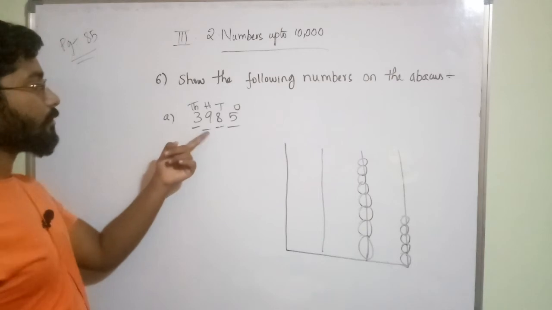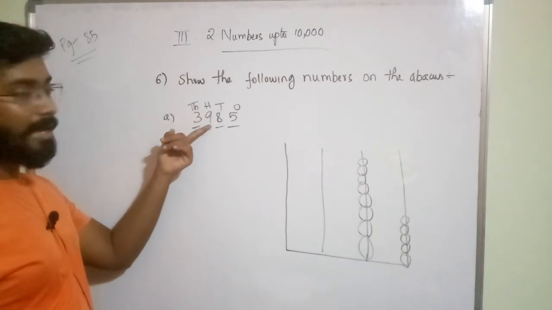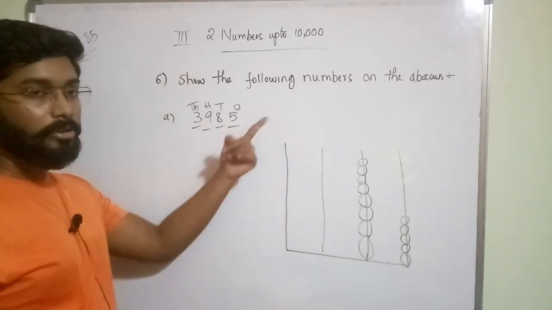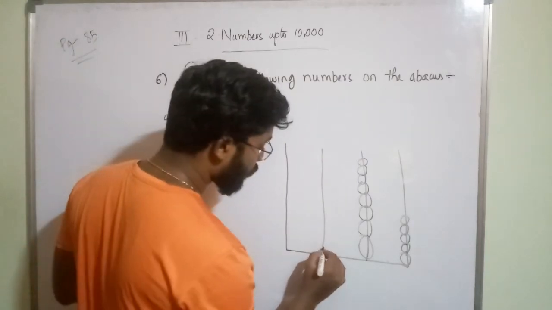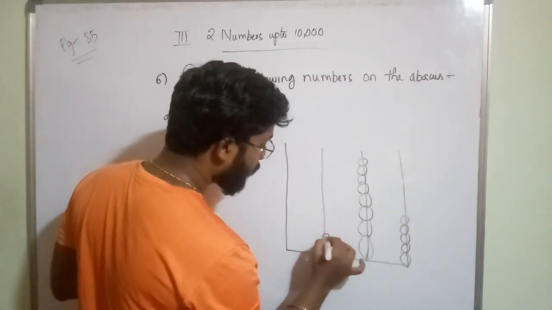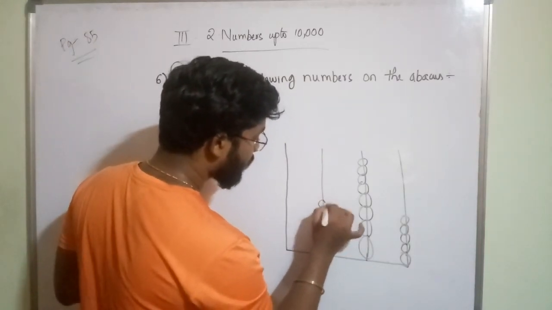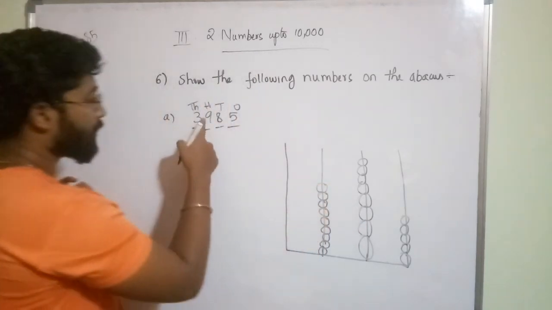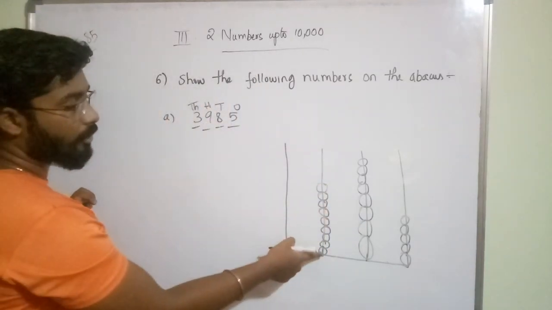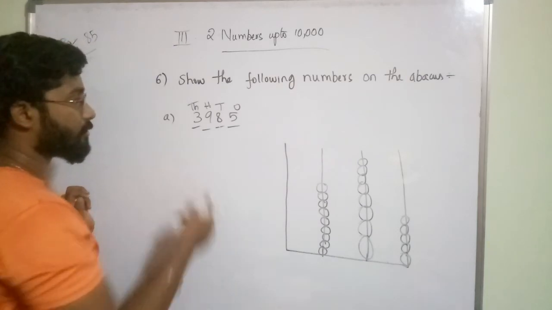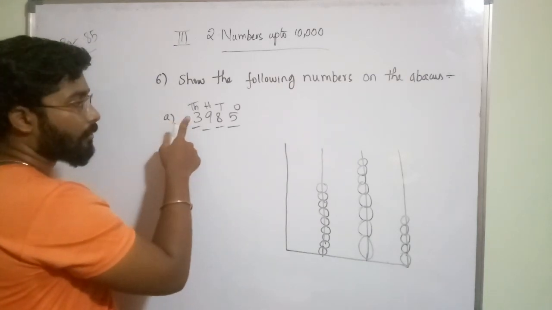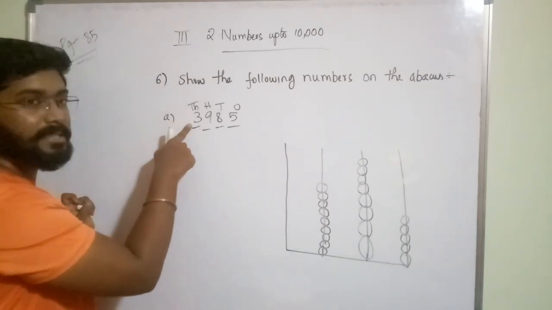Okay. So in hundreds place 9 is there. How many beads should I draw in hundreds rod? 1, 2, 3, 4, 5, 6, 7, 8, 9. So I have to draw 9 beads in hundreds rod. In thousands place 3 is there, no?